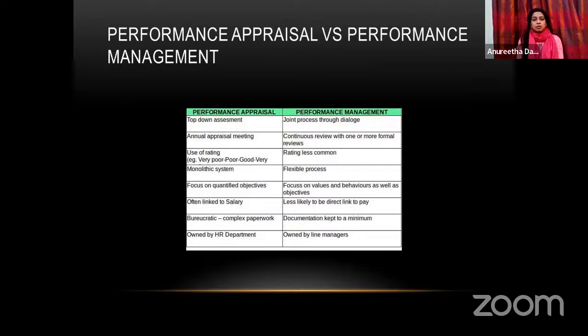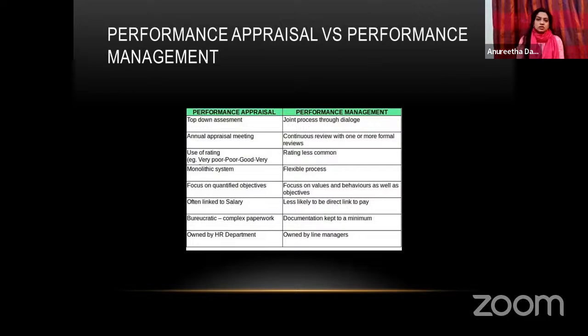Also, performance appraisal focuses on saying who's good or poor only in terms of salary or recognition, and it is owned by the HR department. But over here, when we are learning about performance management, we have learned that it is more with the line managers, right? So the managers take the lead in this.